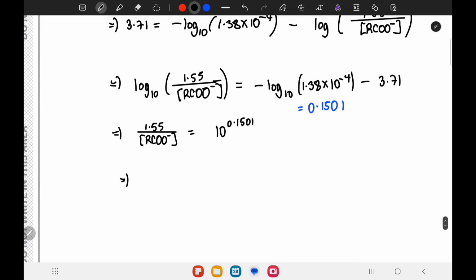The concentration of RCOO⁻ is 1.55 divided by 10 to the power 0.1501.